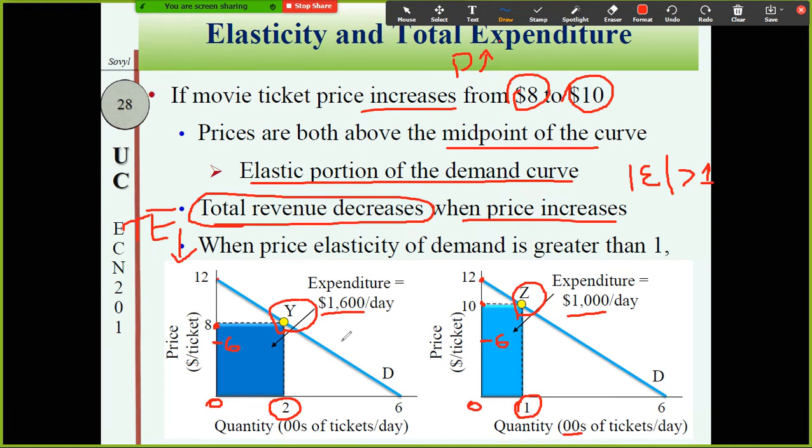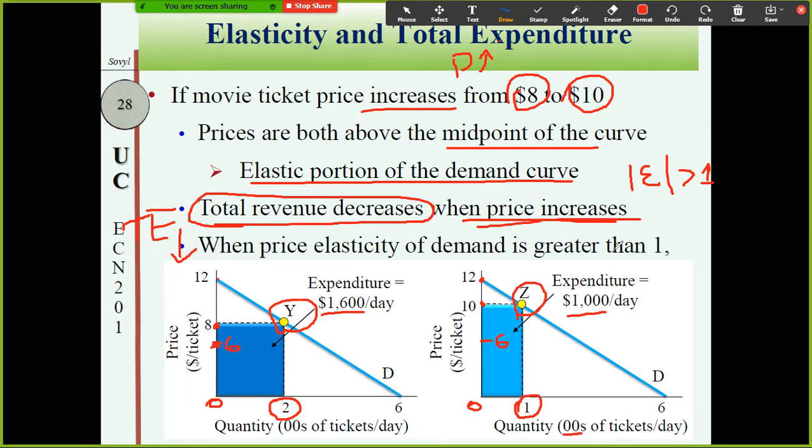Okay, so in this case, if the price change is above, or more expensive than the average price, total revenue and total expenditure must go down when the price goes up.